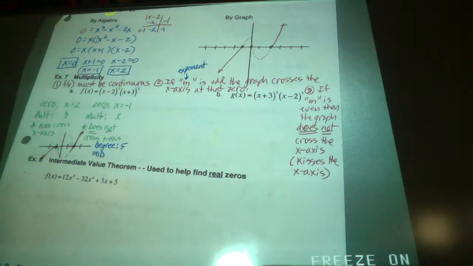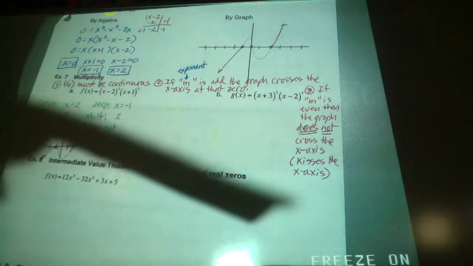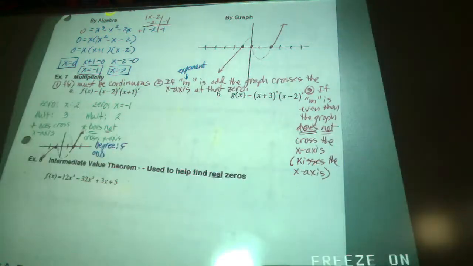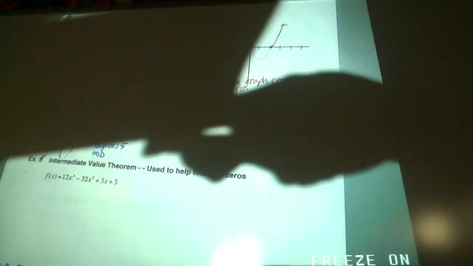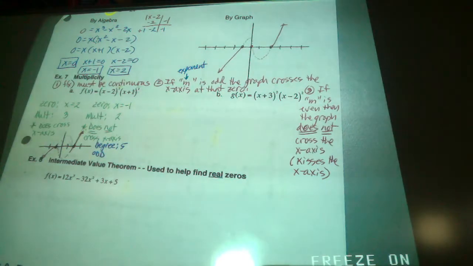Number 2 it does. So it does cross. Talk to somebody and see if they agree with your multiplicities and whether it crosses or doesn't cross. Odd.